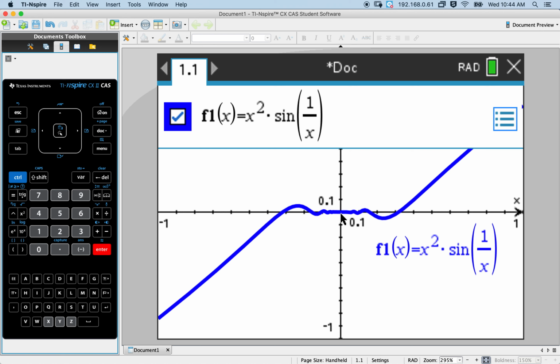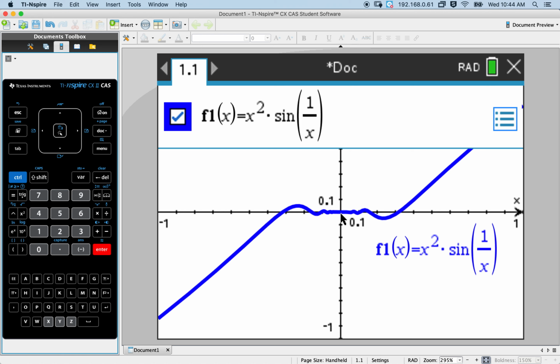Okay, so what I'm going to do is squeeze this function in between two functions that I know. And I'm going to use this function right here because I know what that looks like. That's an easy function to work with. So on the Inspire, you're going to hit Tab to make a new line. So I'm going to do x squared, and that's going to be my upper boundary.